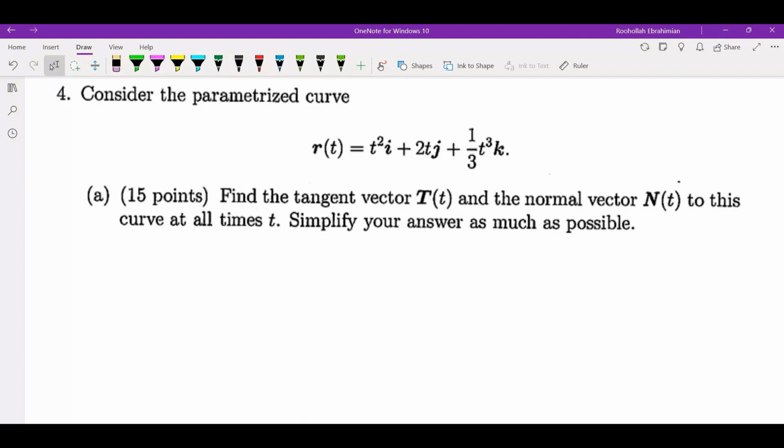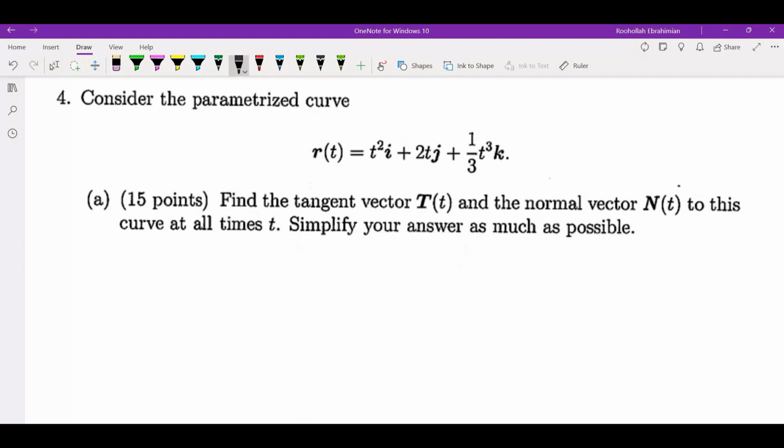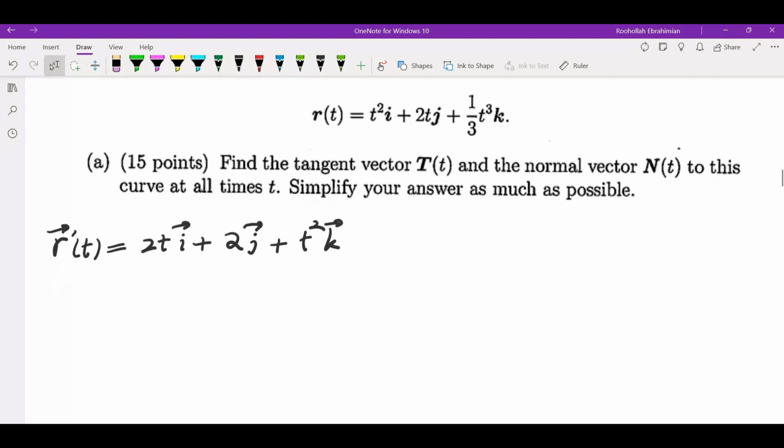Okay, so number 4. Consider the parameterized curve this. Find the tangent vector T of t. So what is the tangent vector? You have to find the derivative of r. So r prime is going to be 2t i plus 2j plus t squared k. And then we'll have to divide by its magnitude.